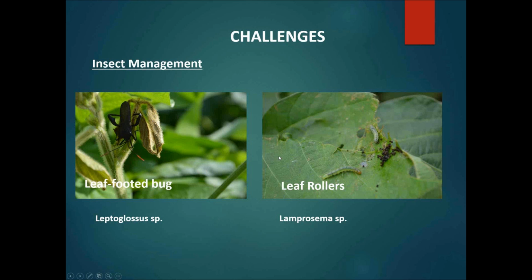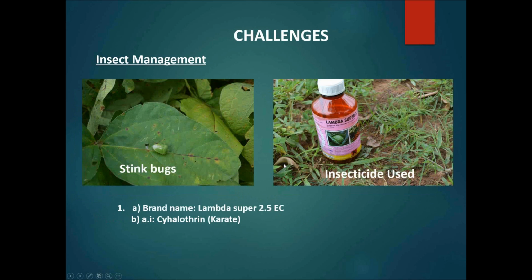These were not so much a pressure, but I needed to control them to be on the safe side. Now I also recognized stink bugs in the fields. These were also sprayed with insecticides, Lambda Super 2.5. It's a karate that is a broad spectrum insecticide.